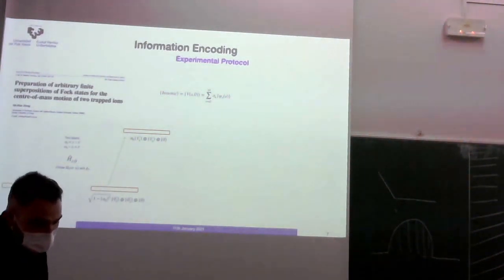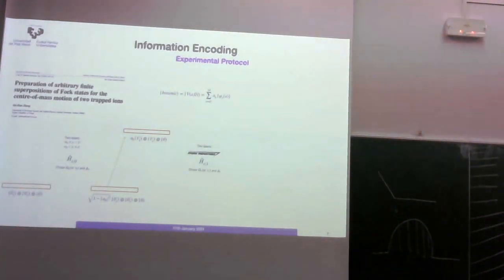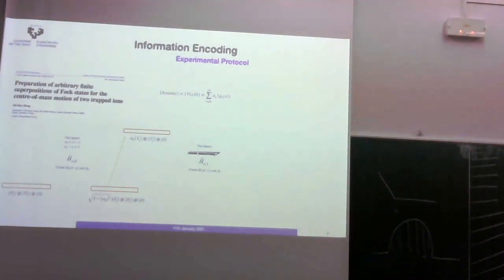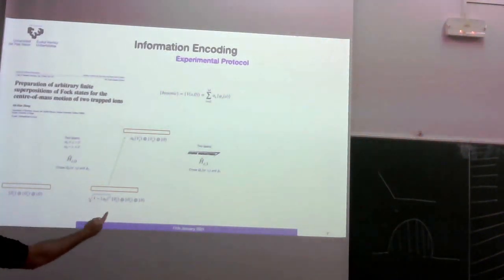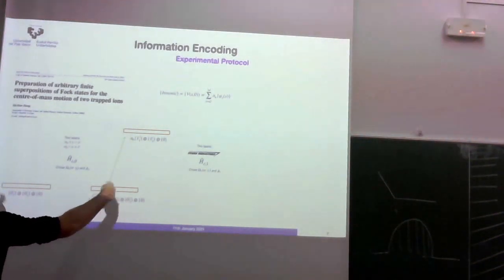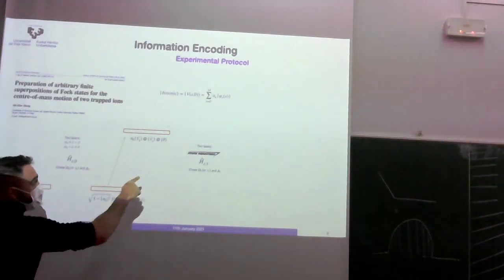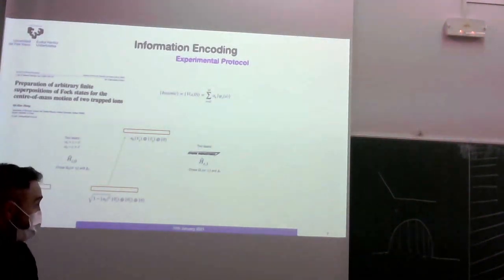And once we have done this the first time, by introducing two other lasers, changing the Rabi frequencies with the Stark shifts, we can achieve all the transitions connecting the ground state of the spins with any other excited state of the spins, with the corresponding bosonic excitation, by choosing the Rabi frequency and the phase of the lasers.